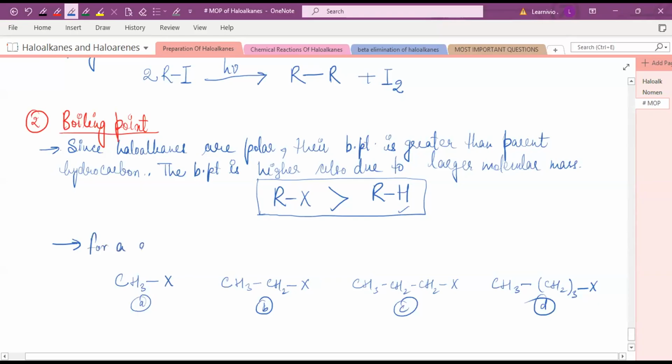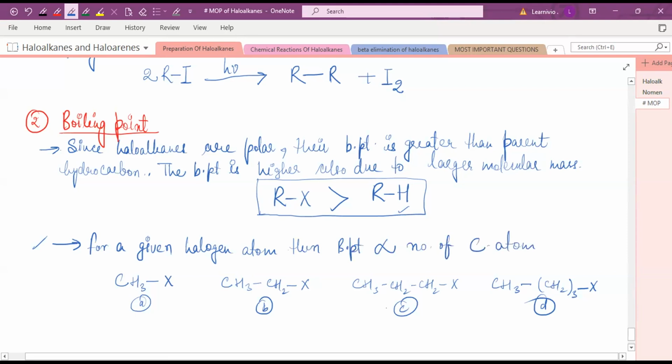If the molecular mass is more, then it has the highest boiling point. This is for the same halogen group; if a different halogen group is there, then you will not use this point. For a given halogen atom, the boiling point is directly proportional to the number of carbon atoms.